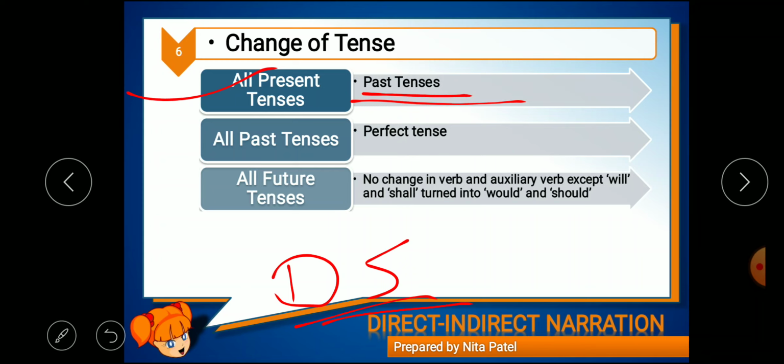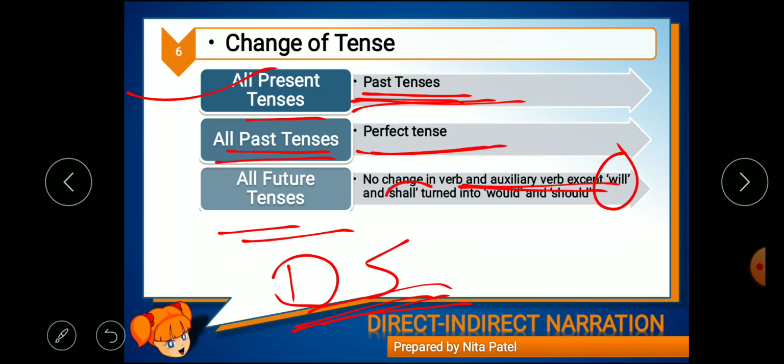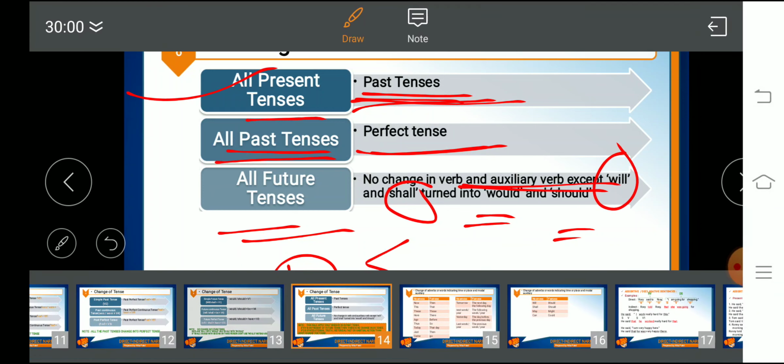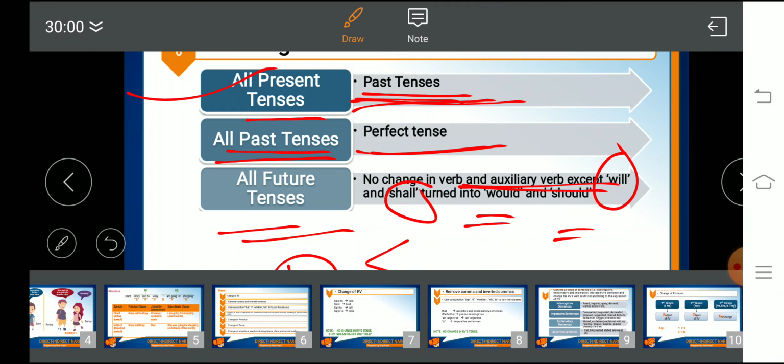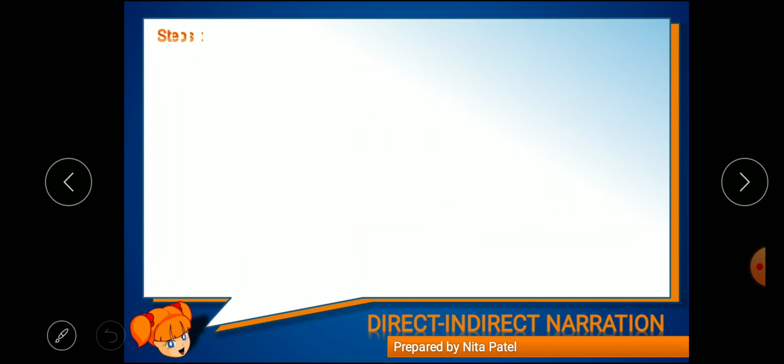We have to change tense in the DS only, direct speech. So all the present tense will convert into past tense, all the past will convert into past perfect tense, and for all the future there would be no change, but we will change the auxiliary verbs like will and shall. They will turn into would or should. So these are the changes that we have to look at when we are changing the tense.